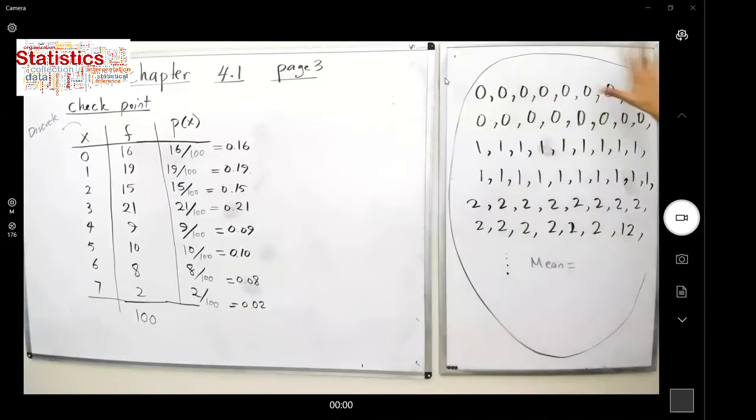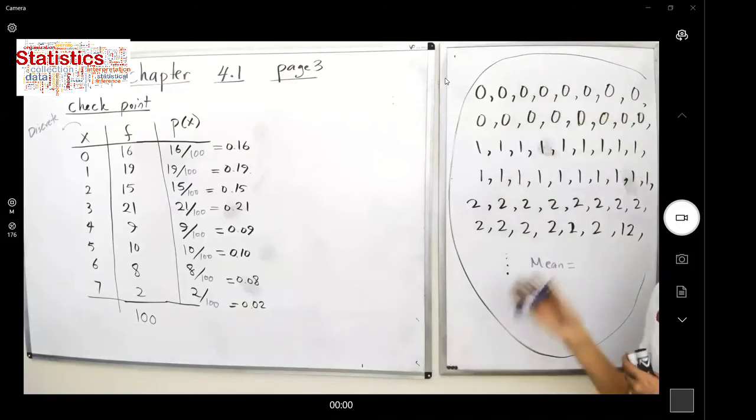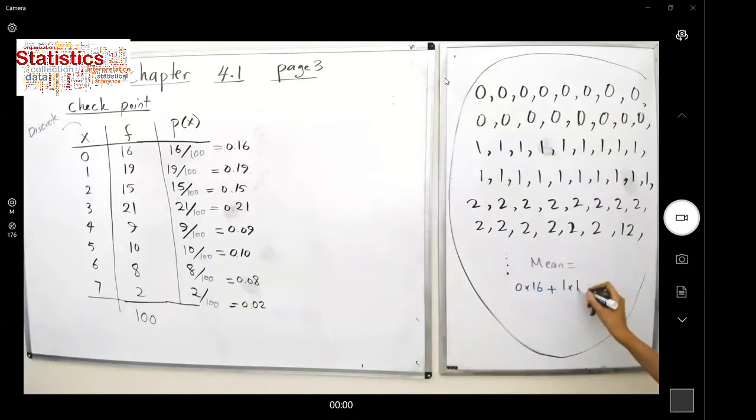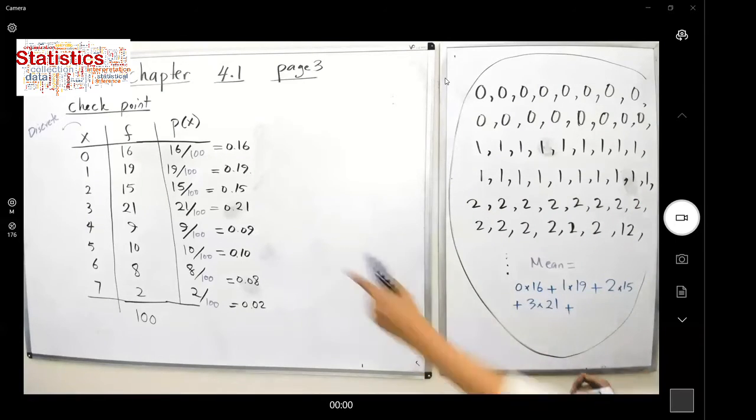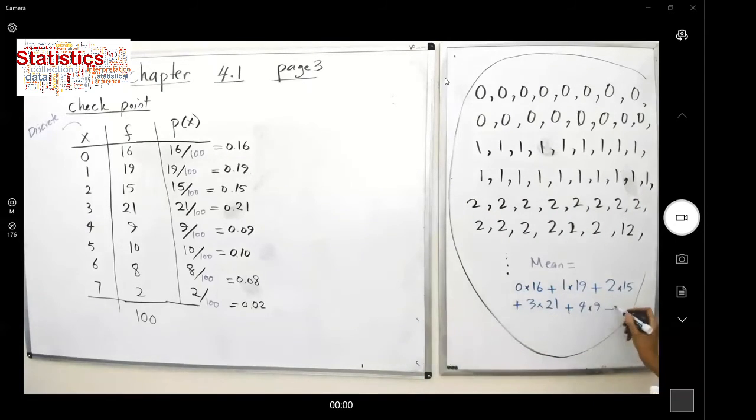You have to add all of these numbers together, 0 plus 0 plus 0, or 0 times 16 plus 1 times 19. 1 is repeated 19 times, 2 is repeated 15 times, plus 3 is repeated 21 times, plus 4 is repeated 9 times, plus 5 is repeated 10 times, plus 6 is repeated 8 times, plus 7 is repeated 2 times.